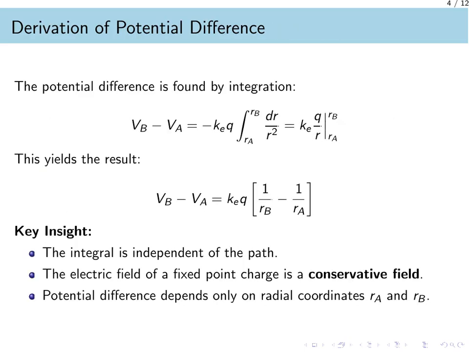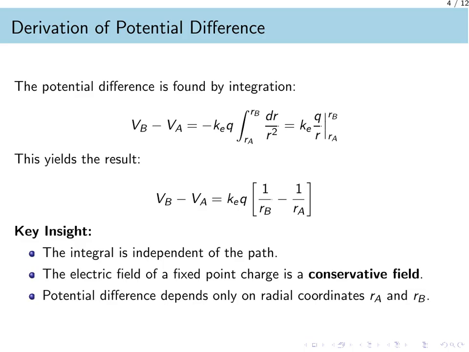By integrating our previous expression from radius a to radius b, we find the potential difference. The result is that V sub b minus V sub a equals the Coulomb constant k sub e times the charge q multiplied by the quantity of 1 divided by r sub b minus 1 divided by r sub a.